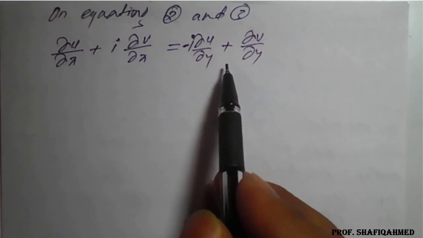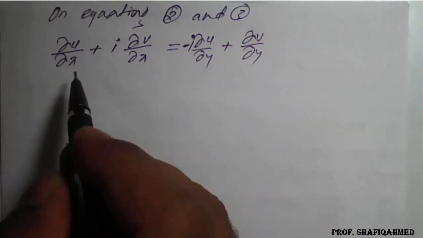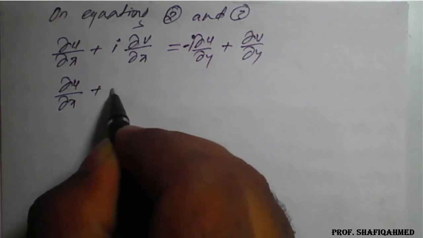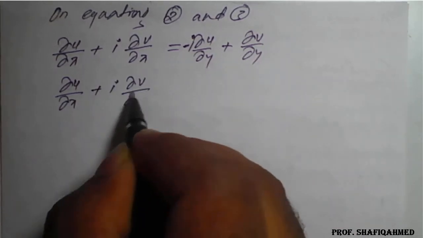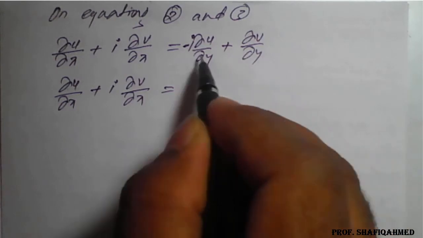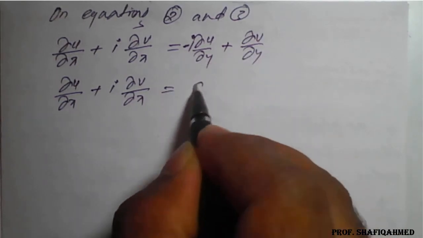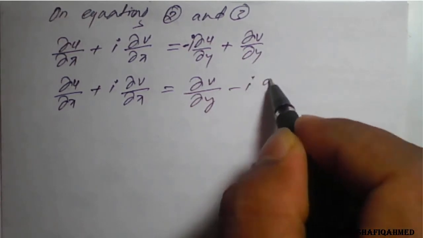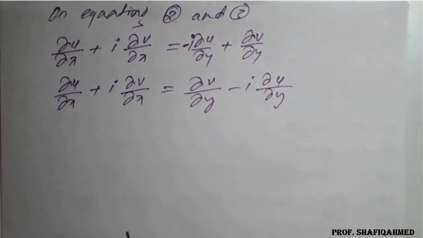On simplification, I will rearrange: dou u by dou x plus i times dou v by dou x is equal to dou v by dou y minus i times dou u by dou y.